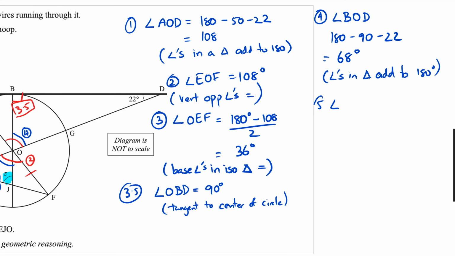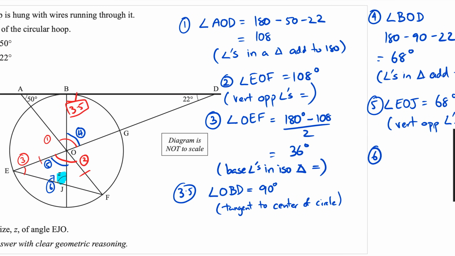So angle EOJ is equal to 68 degrees, because vertically opposite angles are equal. And finally, I can get to step 6, which is angle OJE, or angle Z in this case.